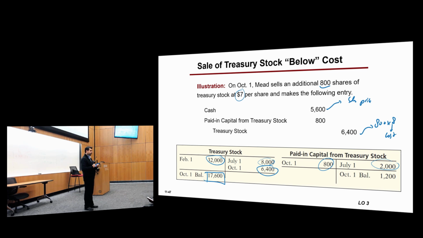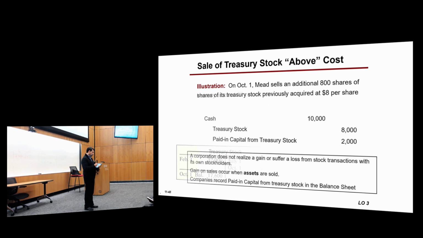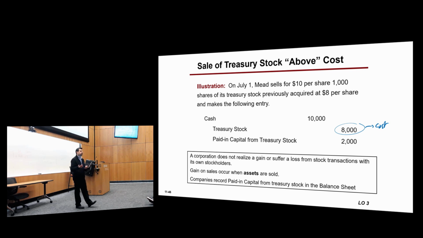Why is it 2,000 above cost? That was in the previous slide. The cost was 8,000. This is cost. It carries over. It's a T account. So the first transaction, you had a credit of 2,000.